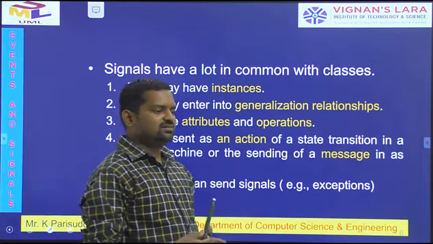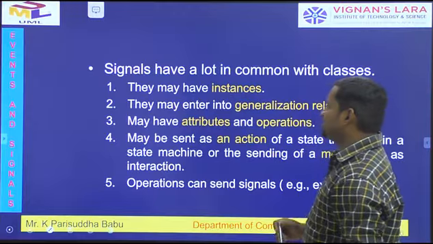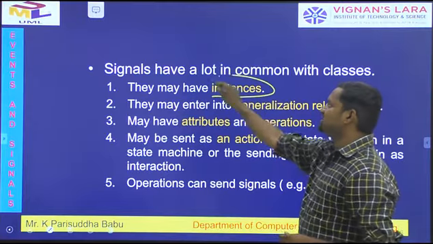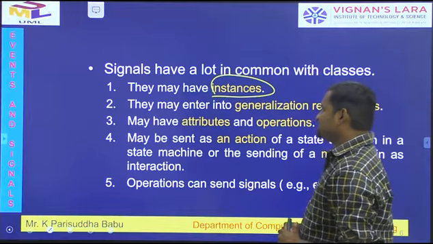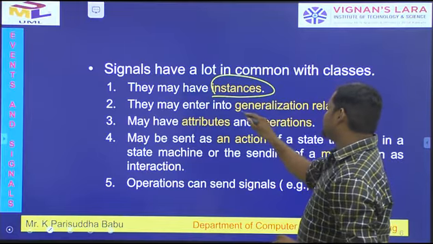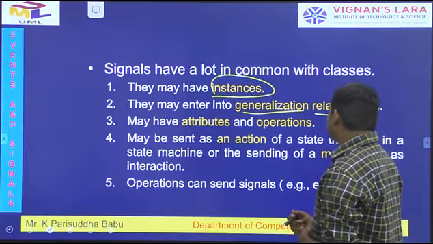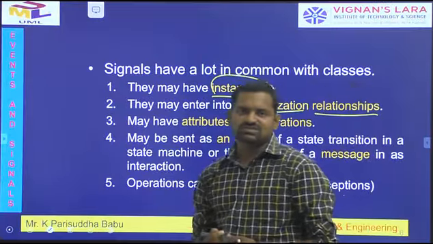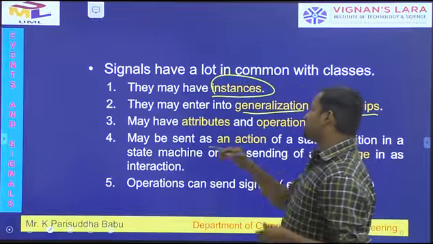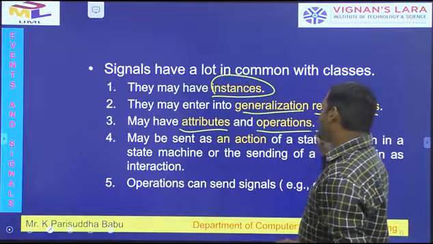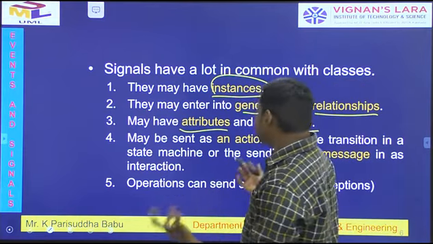Many specifications are there for signals. They may have instances, that is, objects. They may have generalization relationships. Signals may also have attributes and operations.